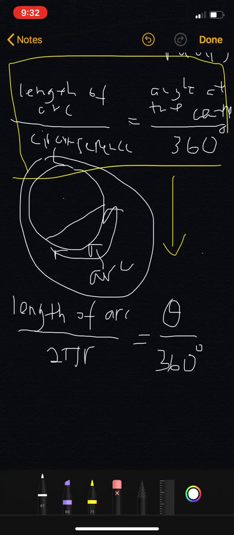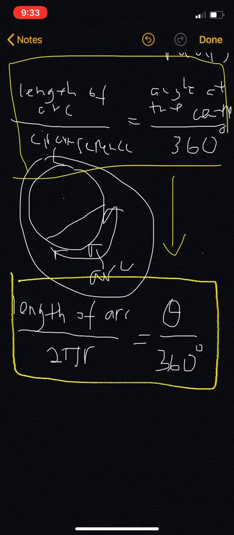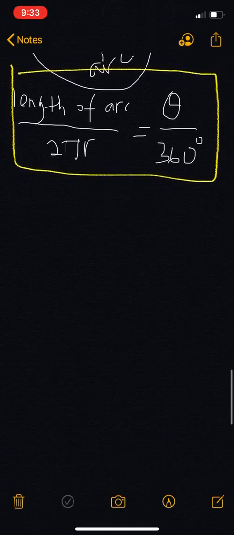Let us do some examples so that you can understand this formula. This is our formula: the length of arc over 2 pi r is equal to theta over 360 degrees.